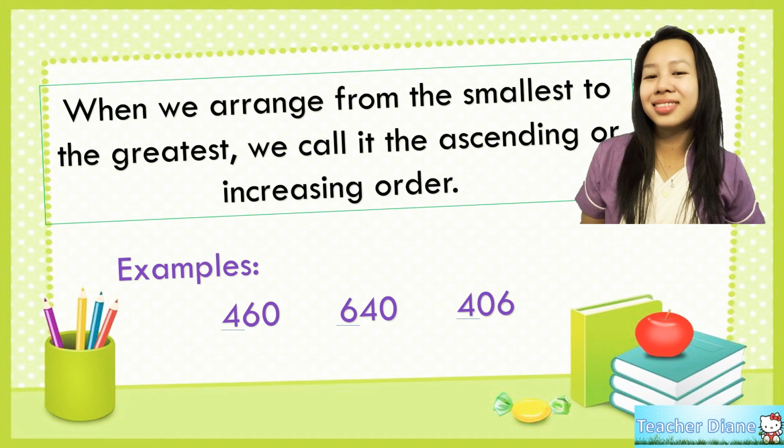Right, it's 4. Since they are both the same value, let's look at the tens place. 6 and 0. Since 0 is the smallest, our smallest number will be 406, then followed by 460, and the largest is 640.